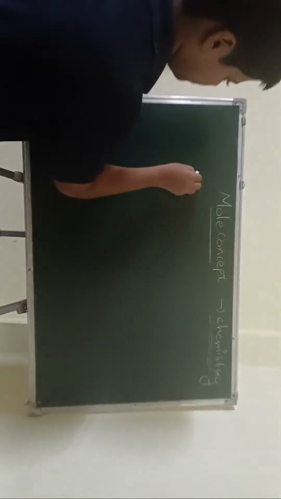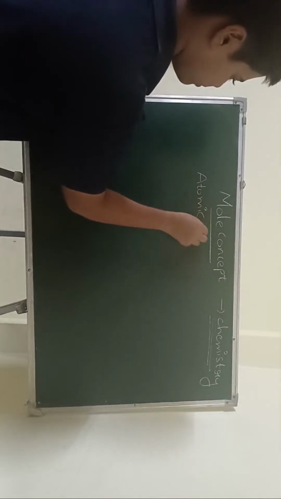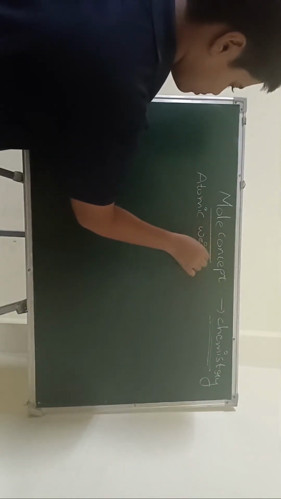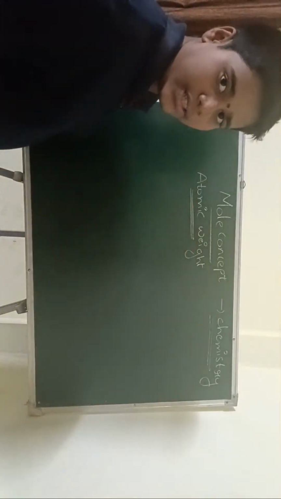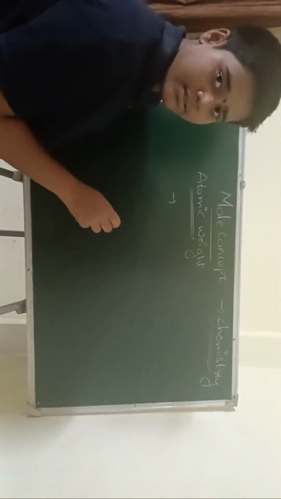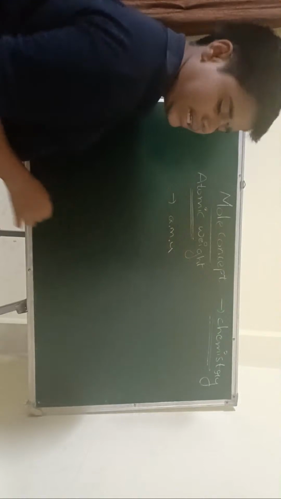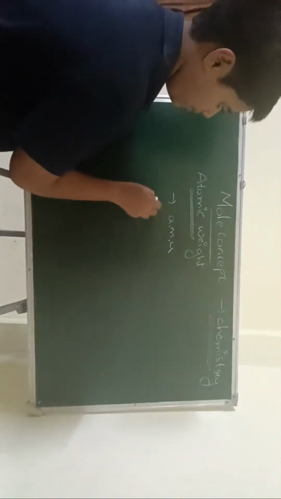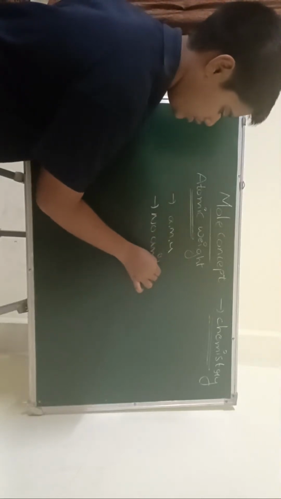And the next one, atomic weight. In atomic mass we use the unit AMU. In atomic weight no units are there.